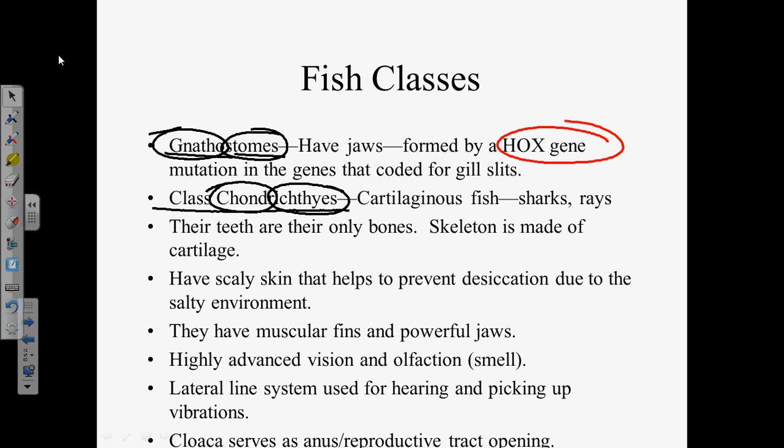So it's sort of the holding area for poop, for urine, and for sperm or eggs. They all come out the same place in fish, amphibians, and also birds. So those are cartilaginous fish, chondrichthyes.